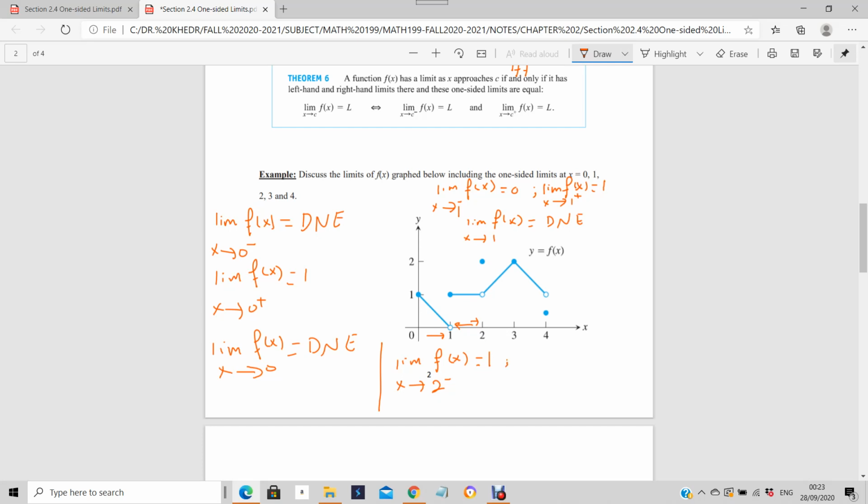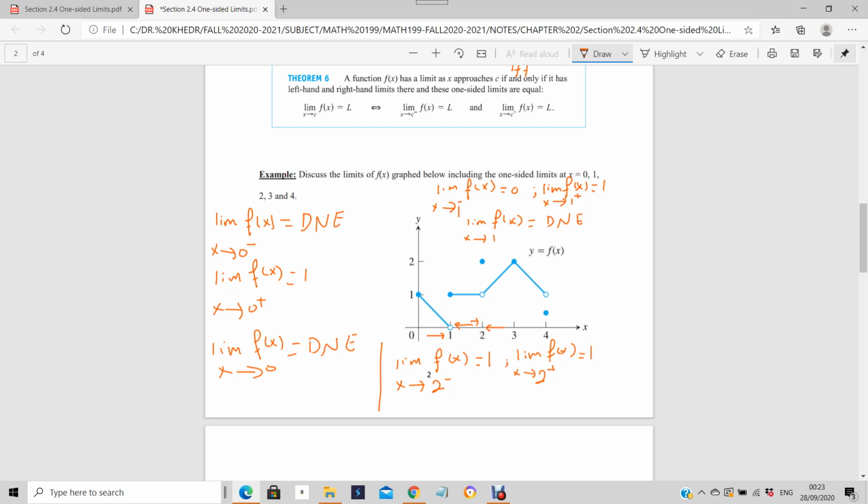How about the right side limit? Lim f of x as x approaching 2 from right side. Okay. To the right of 2, the function is following this line. This line, not the horizontal one, this line. So if x is getting closer to 2, the value of y is going down to 1. Okay?